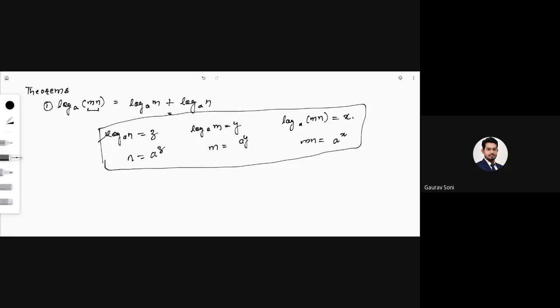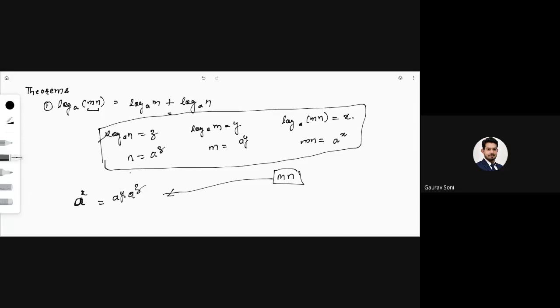So I have these three values over here. What I will do, I'll substitute this. a raised to x, what I've got, a raised to x is equal to a raised to y into a raised to z, right? m into n is a raised to x, and m into n can also be written as a raised to y into a raised to z.